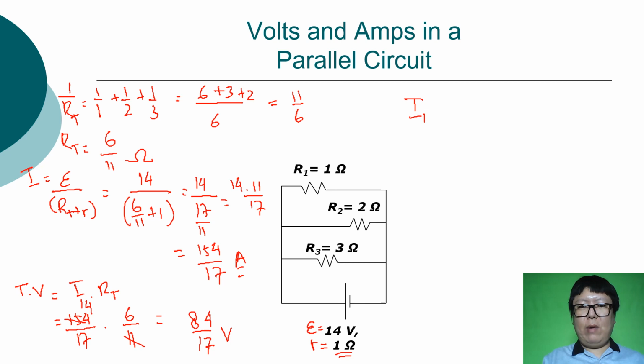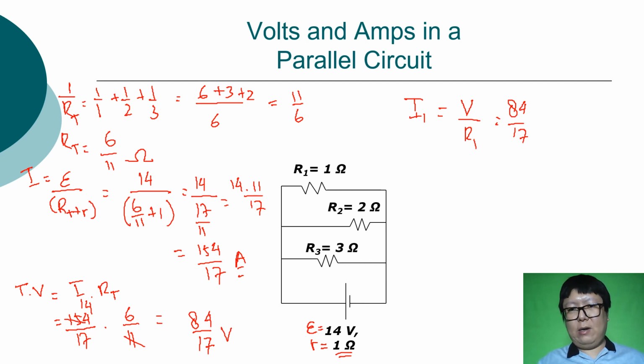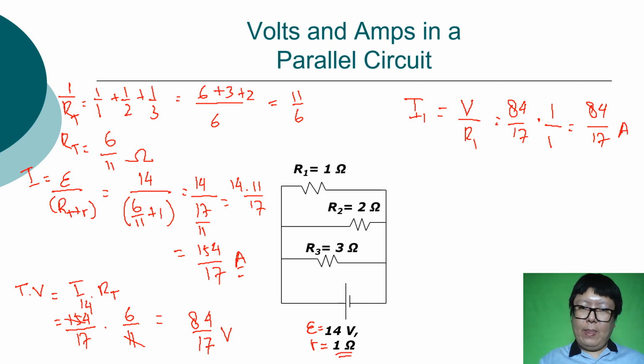After that, you can find the I1. For the I1, you use the terminal voltage. You cannot use 14 anymore. You have to use the terminal voltage V per R1. So 84 per 17, or I can say times by 1 over 1. So the I1 is 84 per 17 amps.